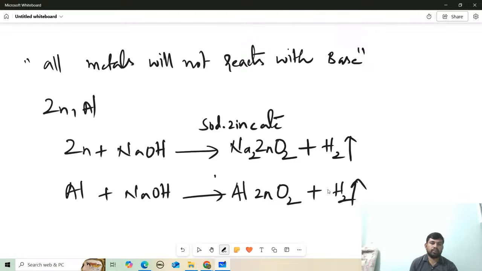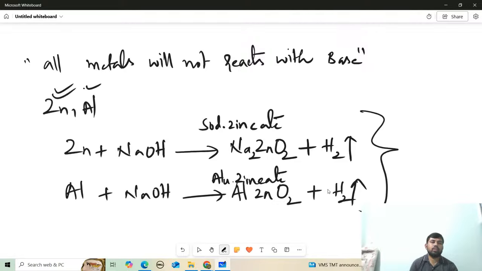Clear? Generally, bases will react with only these two they given here, because there is no such condition that all metals need to react. Only a few active metals like zinc and aluminum can react.